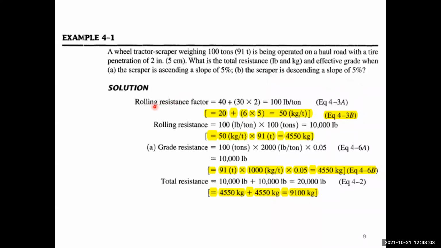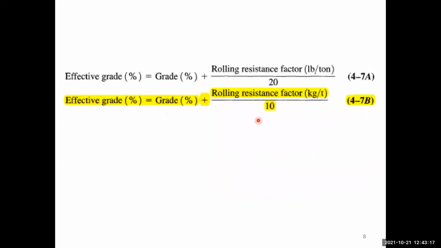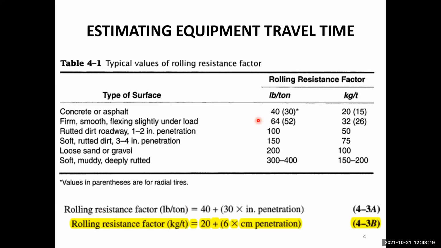Okay, so first of all, we will determine the rolling resistance factor. So the rolling resistance factor will be equal to 20 plus 6 times 5. Remember that we can use either this table or this equation for finding the rolling resistance.